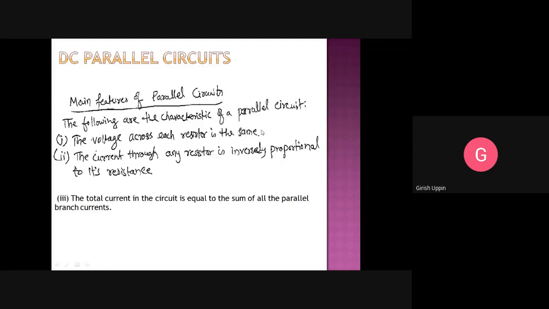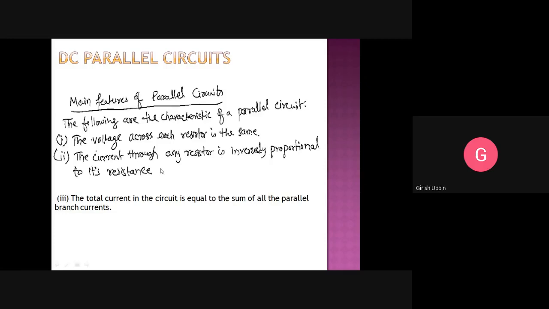The main features of the parallel circuit. First one, voltage across each resistance is exactly the same. We have to remember, voltage across each resistance connected in parallel is exactly the same. The current through any resistor is inversely proportional to its resistance. So that is from Ohm's law.